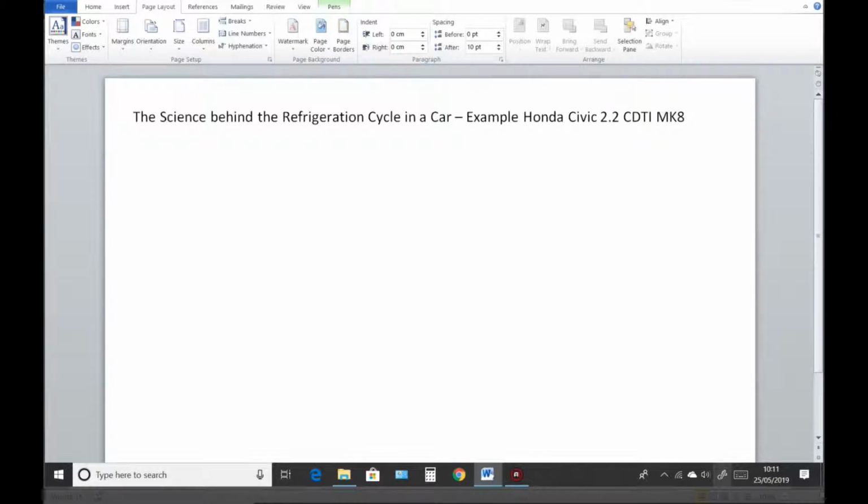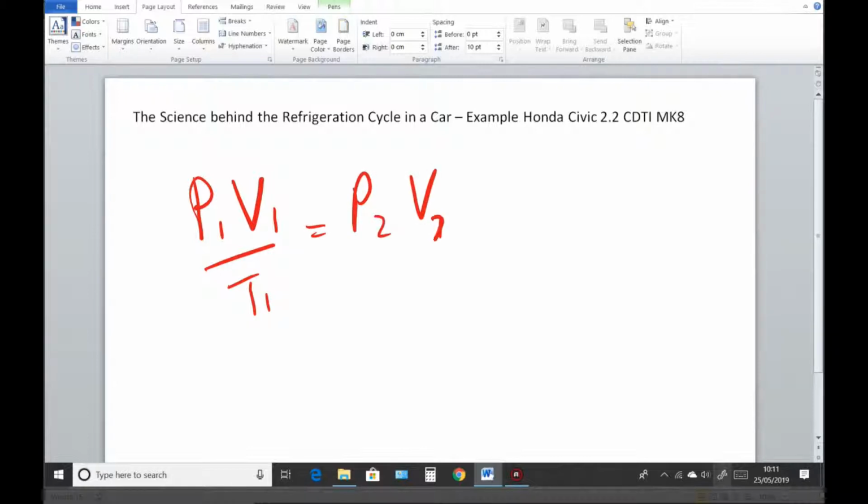To simplify it, there are other equations involved, but the easiest one I can think of is P1 V1 divided by T1 is equal to P2 V2 divided by T2. So this is called the combined gas law.